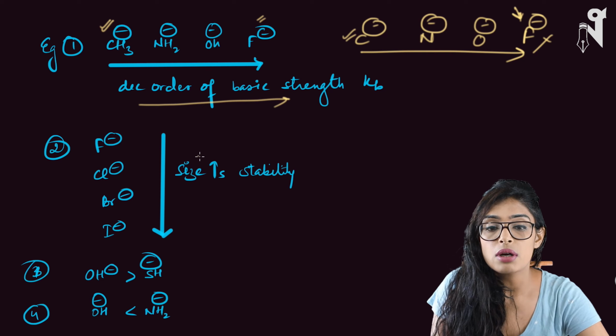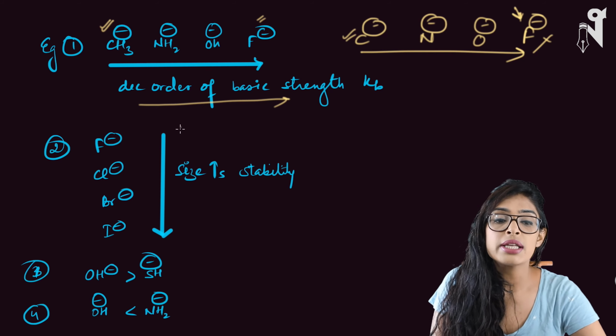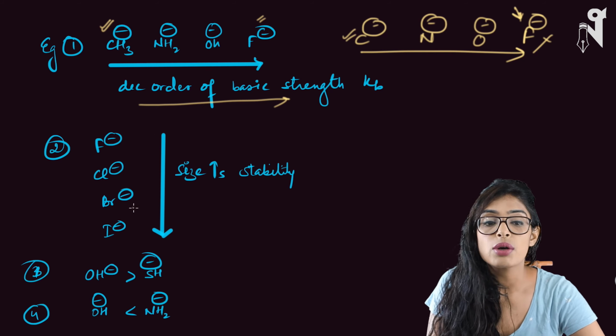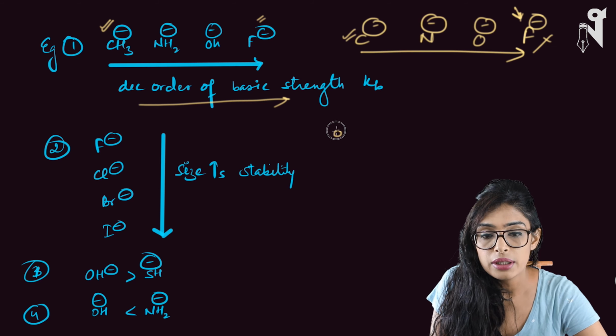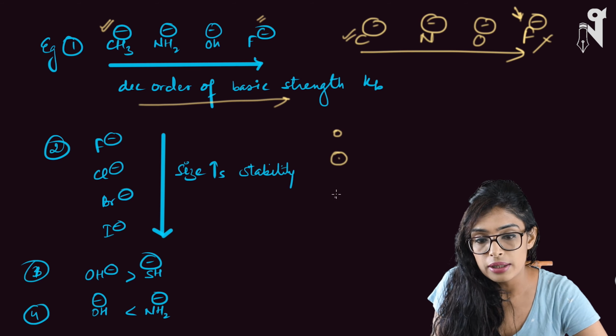Now, when you go from top to down, let's take the example of halogens. We have F minus, Cl minus, Br minus, and I minus. So when we are going from top to down, fluorine is the smallest atom, then chlorine, then bromine, and then iodine. So negative charge density is getting distributed nicely. As you're going down, this negative density can be distributed over the whole surface, and the electron repulsions can be minimized, and hence when the repulsions are minimized, the species is going to be more stable.